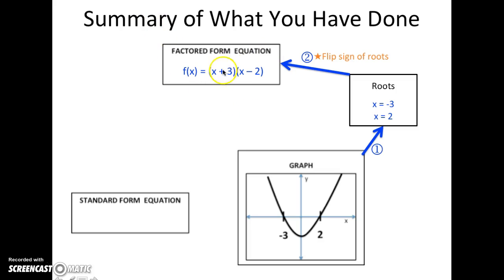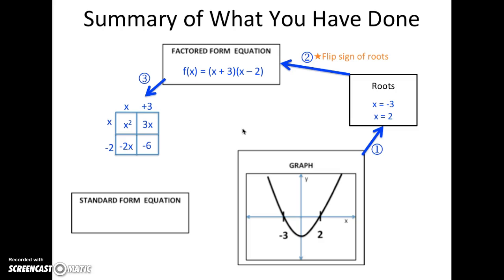Once we have the factored form, we can multiply our factors using the box method. We set up our boxes, and our first factor, x plus 3, we can write along the top. The second factor, we can write along the side. Then we just multiply top and side of each box. So x times x will give me x squared, and so on.